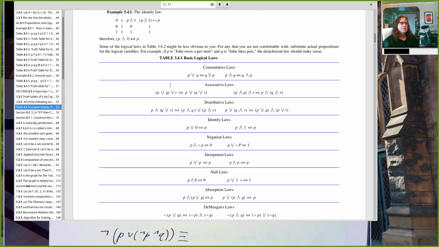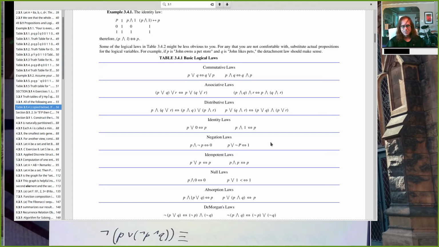Okay, distributive laws sound interesting. Distributive laws say something ANDed with an OR can be rewritten like this, and something ORed with an AND can be rewritten like this. Well, down here, we've got something ORed with an AND. So let's go ahead and use this distribution, which basically says we can OR the first thing with this, and we can OR the first thing with that, and AND them together.